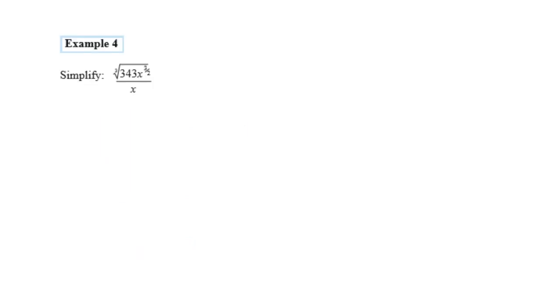Example 4, simplify. You have cubic root there, so you can write 343 x to the power 3 over 2 as a 1/3 power divided by x. Then 343, which is 7 cubed.